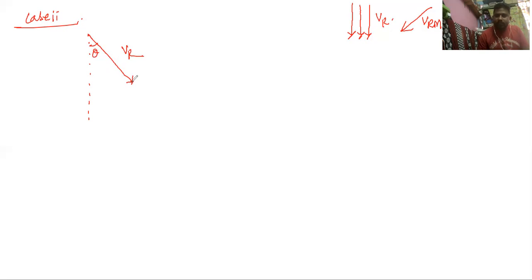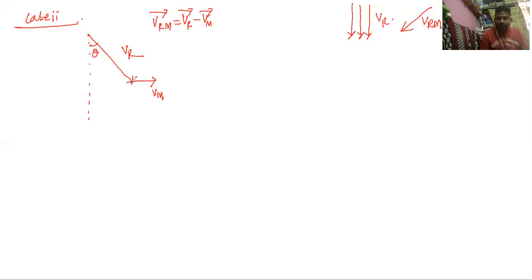If a person is moving with some velocity, this is velocity of the man. In this case, what is the velocity of the rain with respect to man? Wherever the formula remains same, velocity of the rain minus velocity of the man.